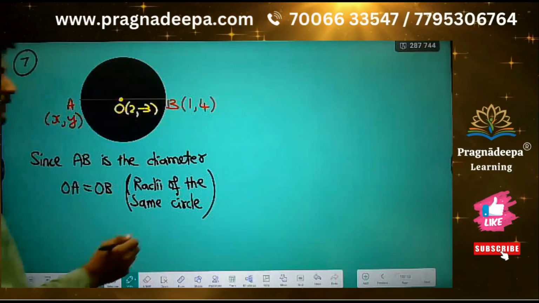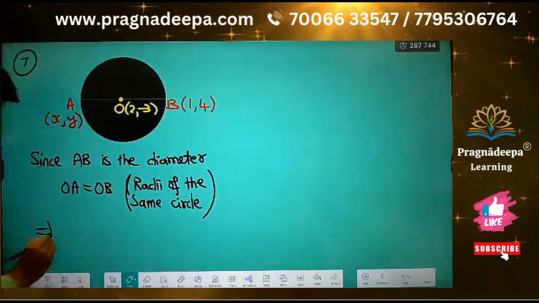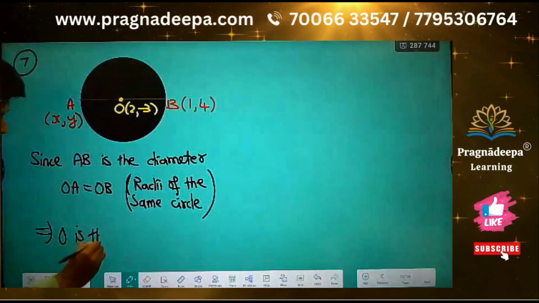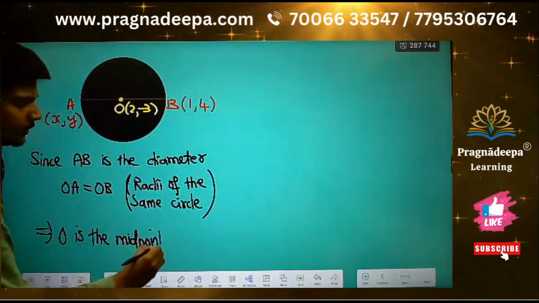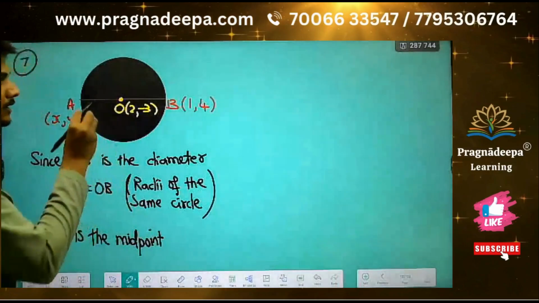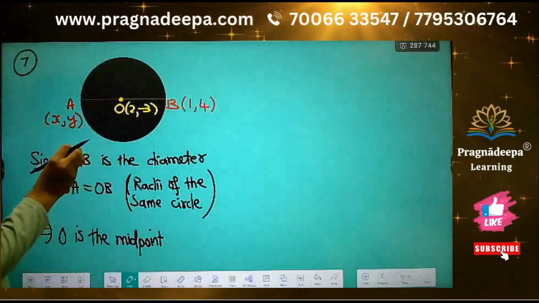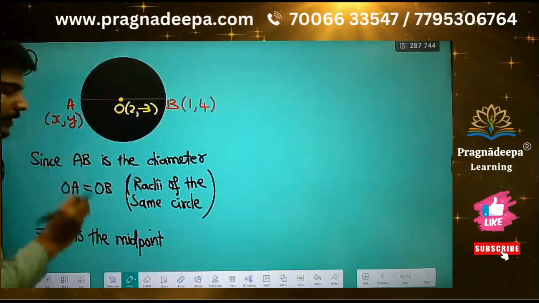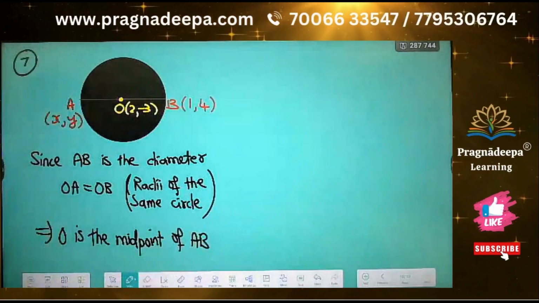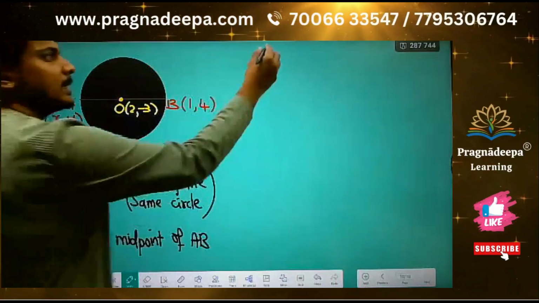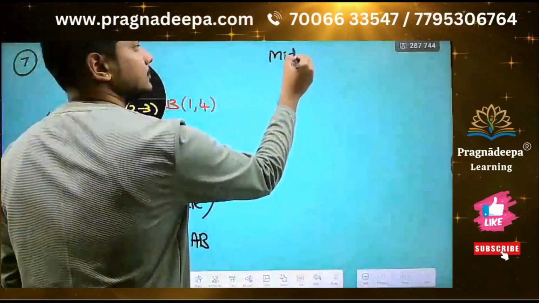So let us apply the midpoint formula. So this implies O is the midpoint of AB. To apply the midpoint formula, first you need to show either that the point of division divides the line segment AB in the ratio 1:1, or that O is the midpoint of the line segment AB. You need to show one of them.